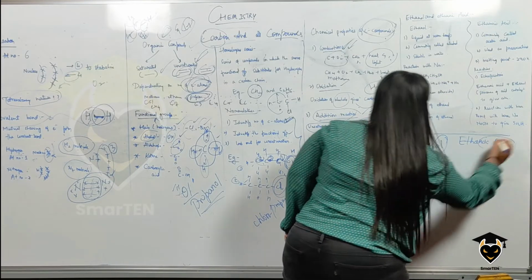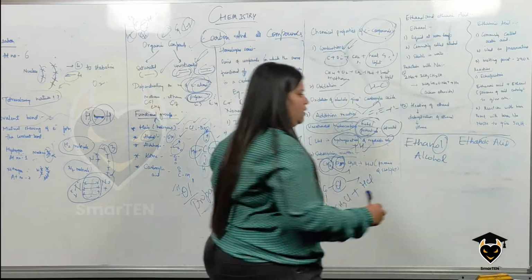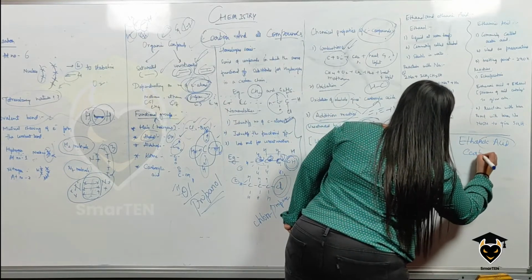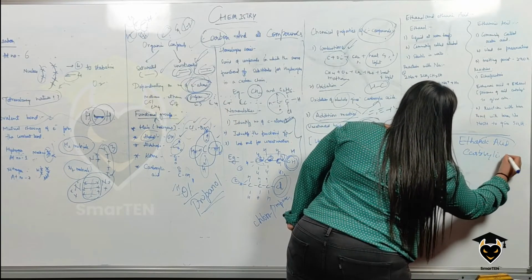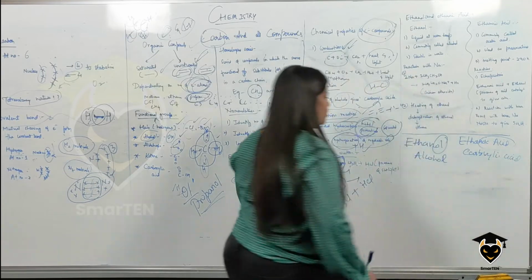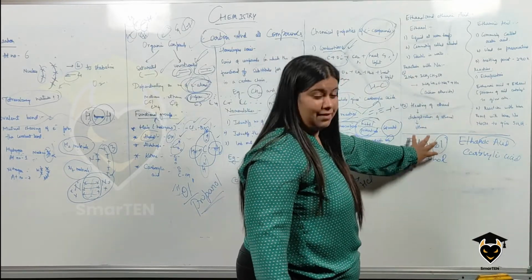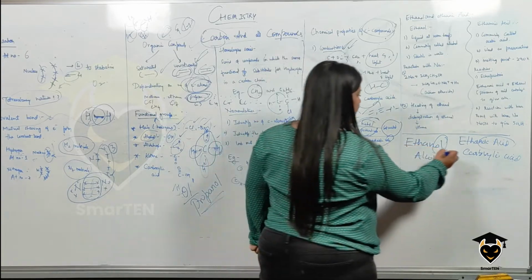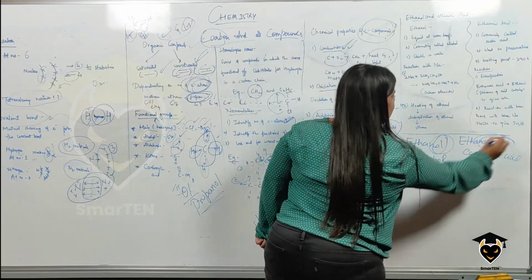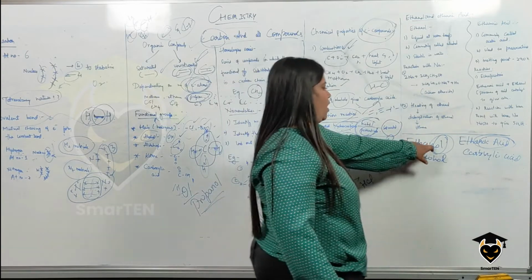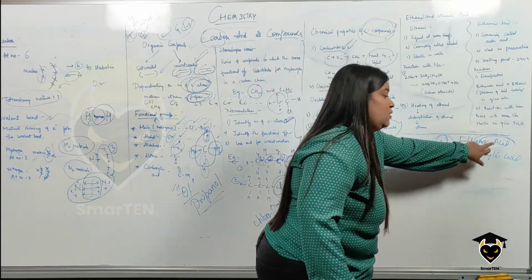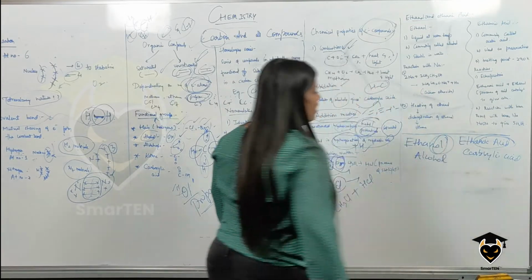Oic acid, which means what? Which functional group does it belong to? It belongs to your carboxylic acid, correct? So in the name itself, as I've told you, we can recognize which functional group it belongs to by knowing what suffix has been used. In this case, it's OL, so it is alcohol. Ethanoic acid is oic acid, which means it is a carboxylic acid.